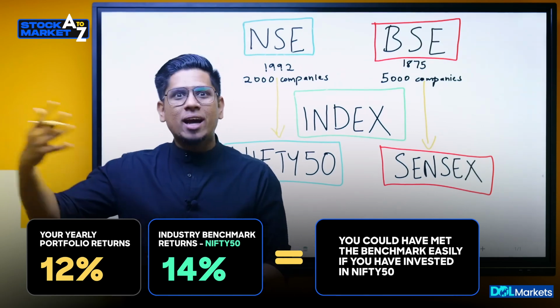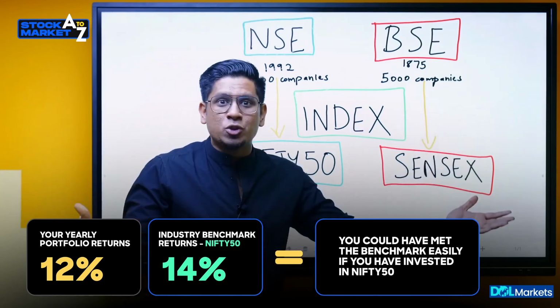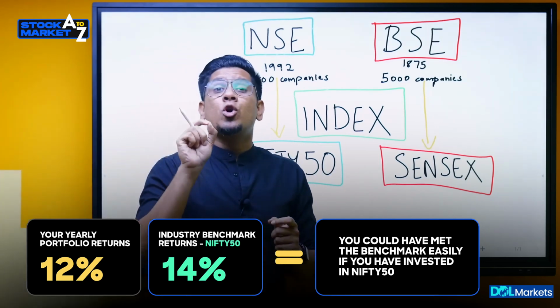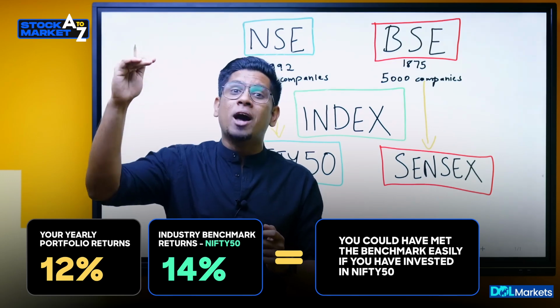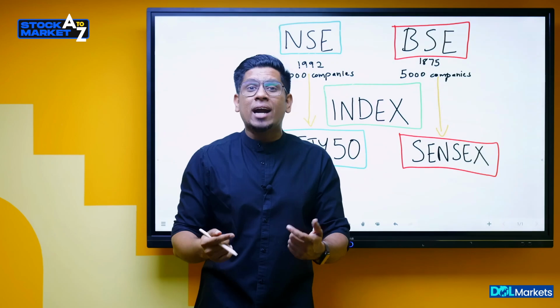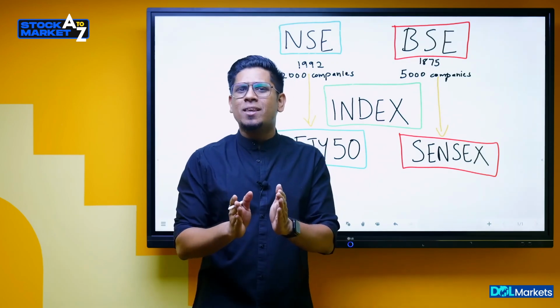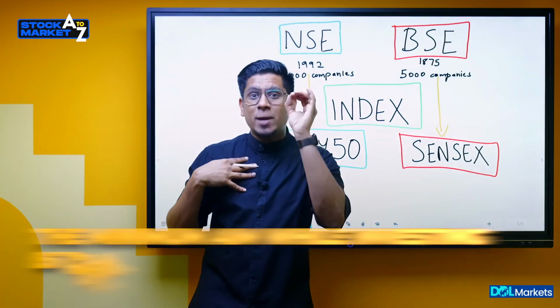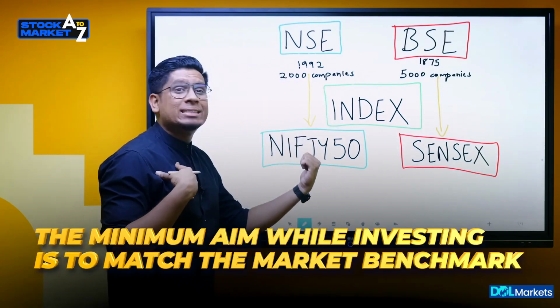But no, you went the other route. You decided to invest into multiple stocks of your choice. You went and invested into mutual funds, and you could not even match the benchmark. You performed even lesser than the benchmark, which means that you did not perform really well. Right? Now, the aim of someone who is investing in the market, the minimum aim should be to match the market.